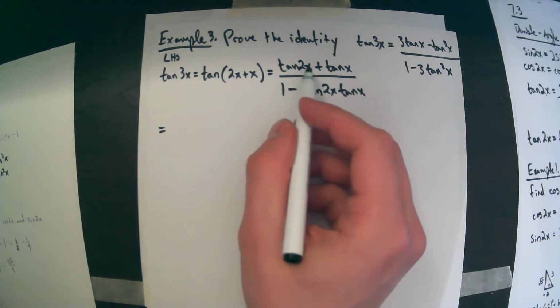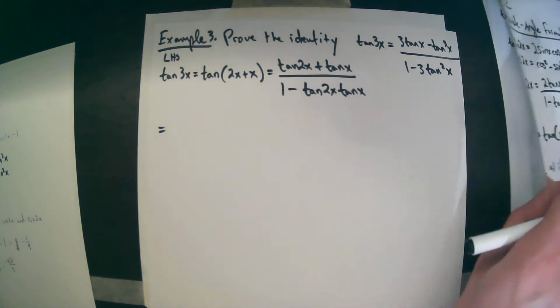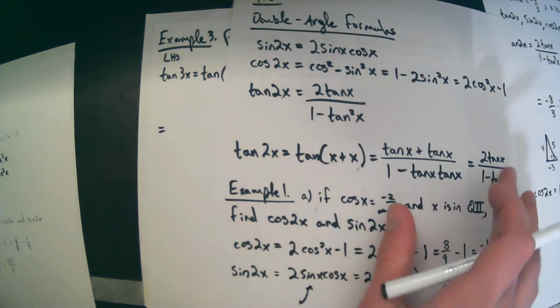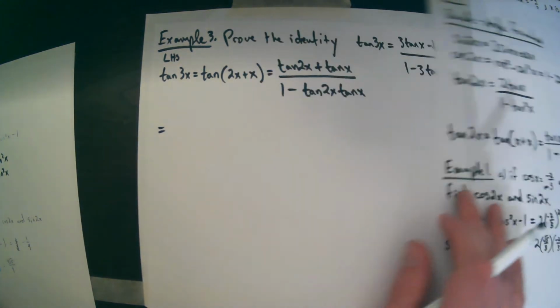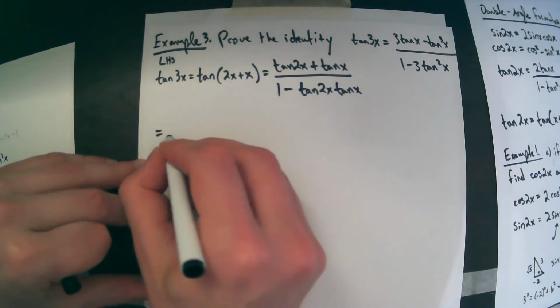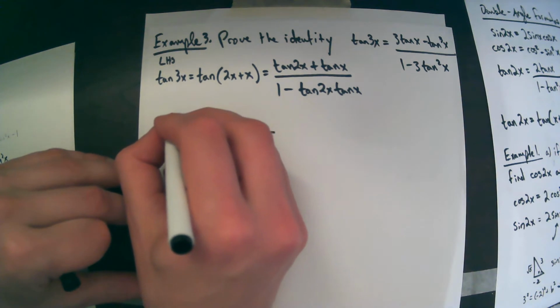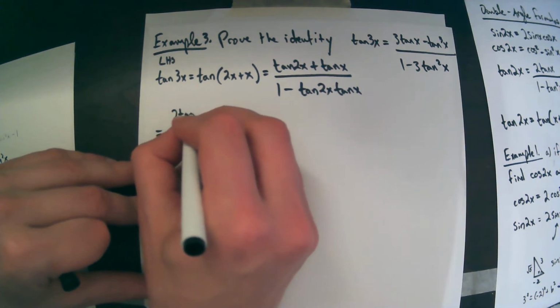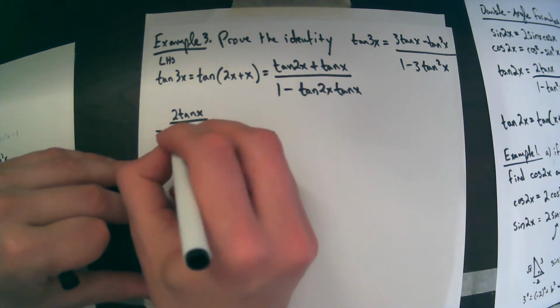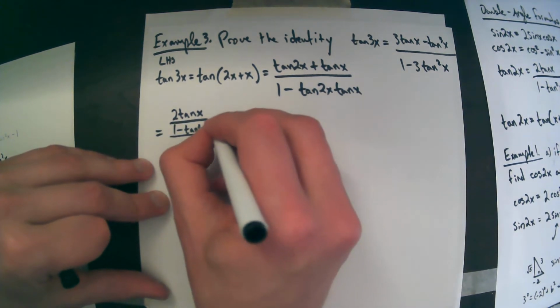Okay, and then, to save space, I'm going to work from here. Tangent of 2x is that, 2 times tangent of x over 1 minus tangent squared. So we're going to have fractions inside of fractions, so let's be careful here. Here's my big fraction bar. Now I'm writing tangent of 2x. That's going to be 2 times tangent x over 1 minus tangent squared x, and then plus tangent x.